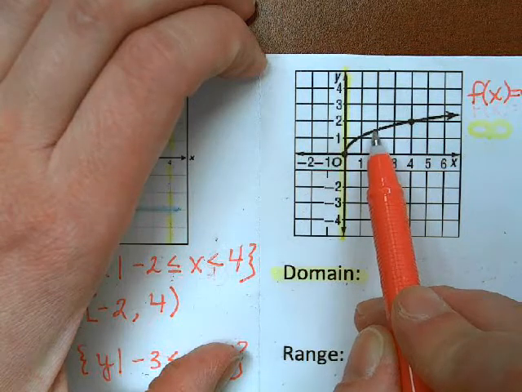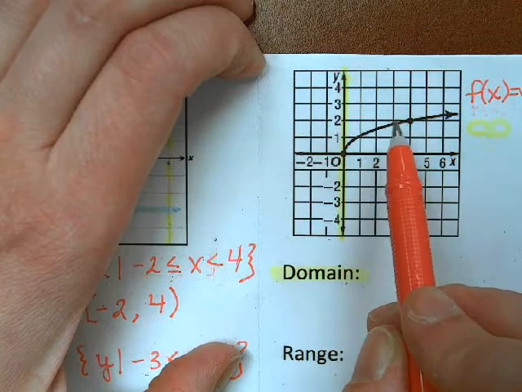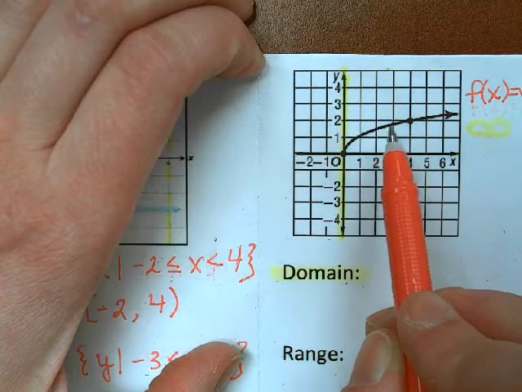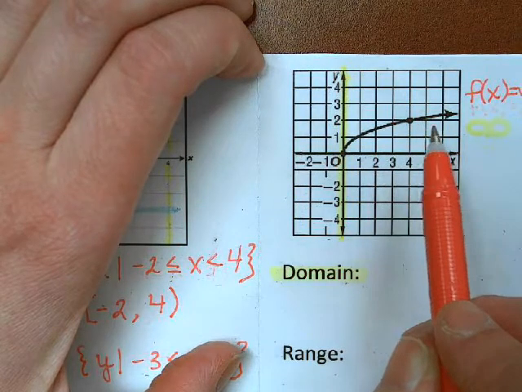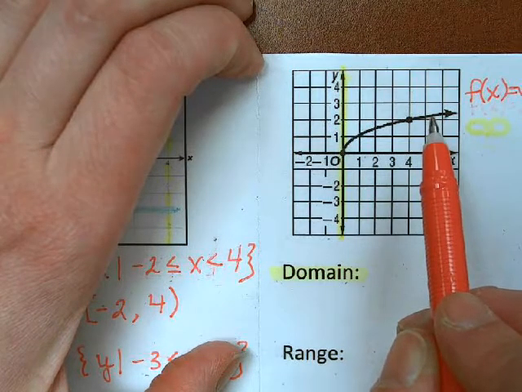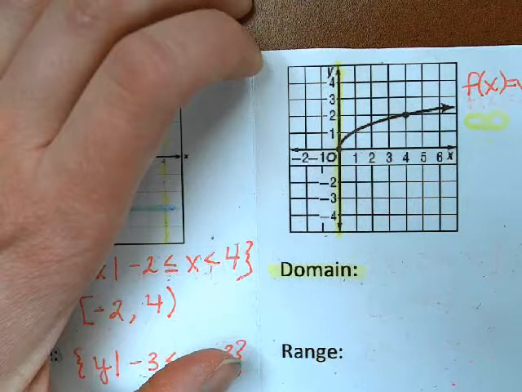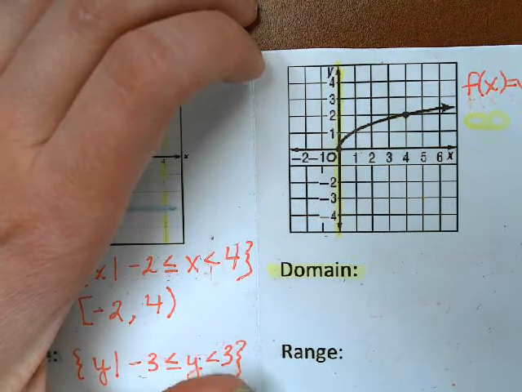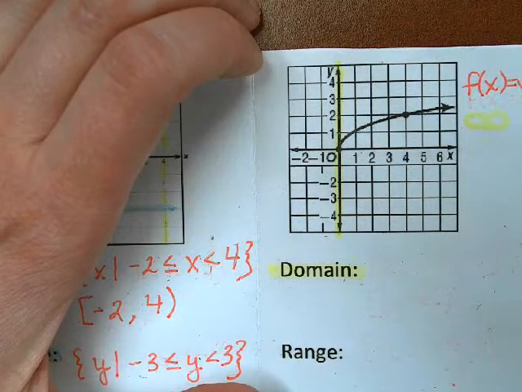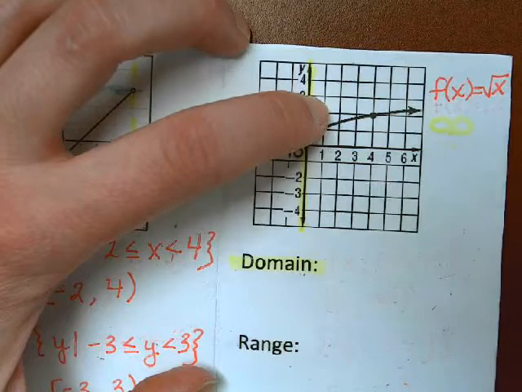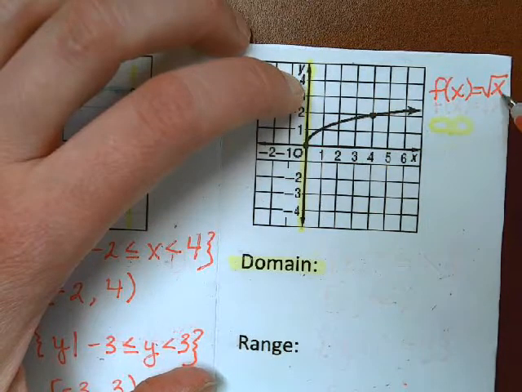Square root of 0 is 0, square root of 1 is 1, square root of 2 is something bigger than 1, square root of 3 something bigger than 1, square root of 4 is 2, square root of 5, I don't know, square root of 5.5, I don't know, right? Does that make sense? The next pretty thing to graph will be 9, right? Because the square root of 9 will be 3.